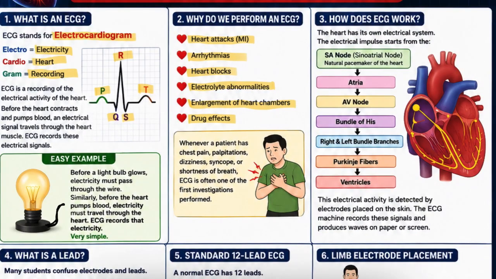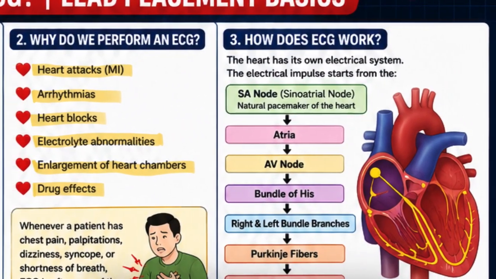Okay, so how does this ECG work? You can see here the heart has its own electrical system. The electrical impulse starts from the SA node. This is the first main node, in the right atrium.